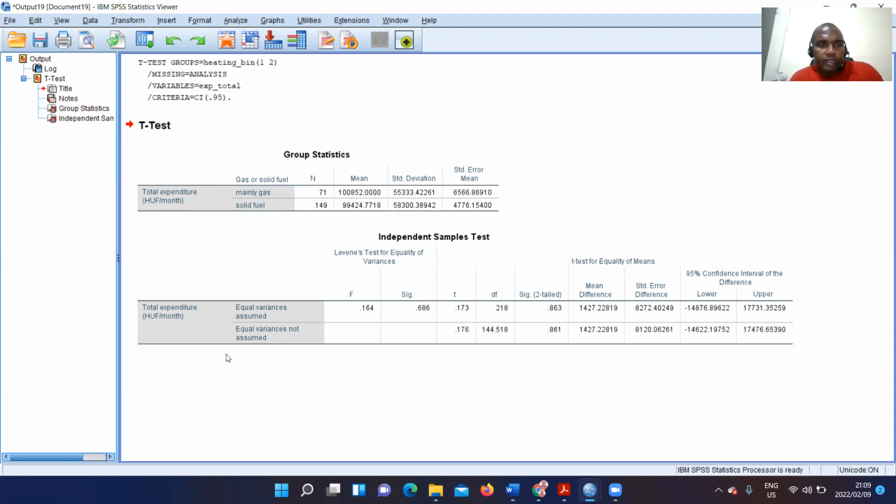So here we're looking at total expenditure, just total expenditure in general, when we look at total expenditure vis-a-vis the type of heating, mainly gas, mainly solid fuel.